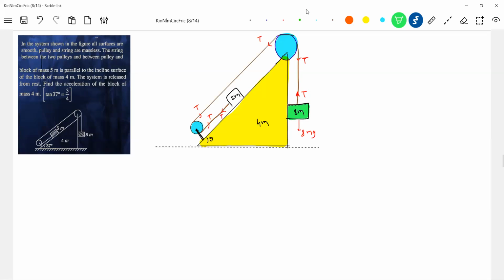But in a question, how to decide what direction it will move? Can we make a rule that we can assume any direction, or any one specific direction?